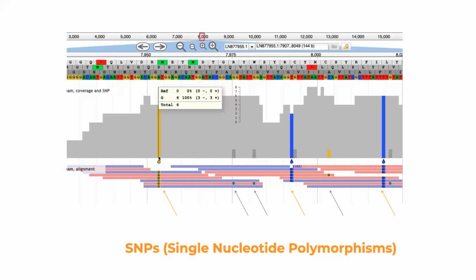Okay, so a variant is what we see right here. This is what we identify in the specific reads that are aligned to the reference genome, right? It's just a variation. It's different from the reference sequence. A SNP is a variant that occurs in a population.